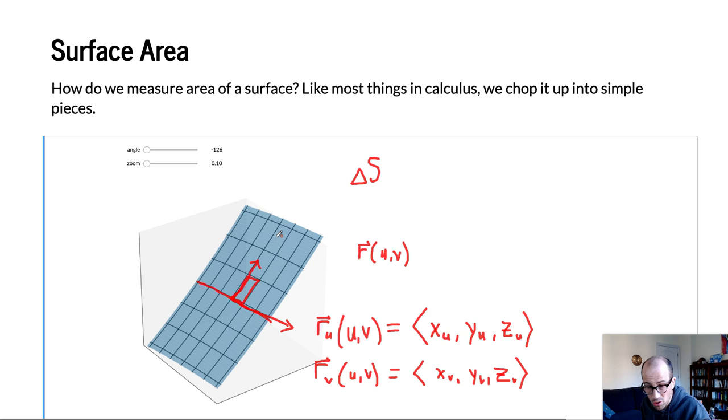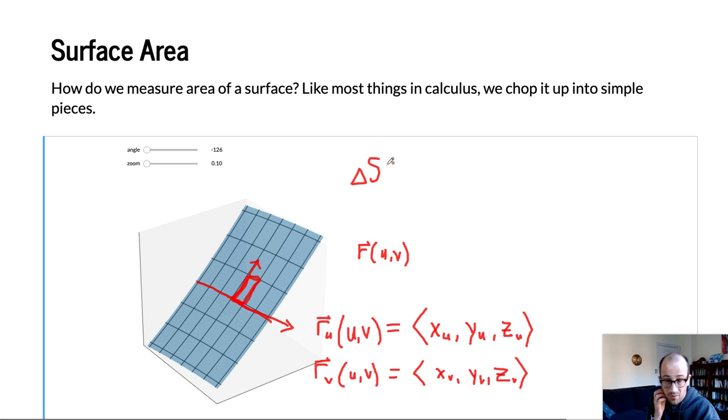Okay. So I've got these two vectors, and what can I do with them? Well, I can use them to model the change of the curve along each direction. In particular, by multiplying by a little change in u for this guy, its derivative, and a little change of v for this guy, I'll get two vectors that trace out the edges of a parallelogram.